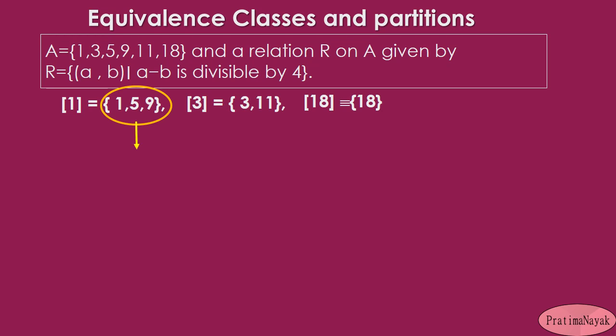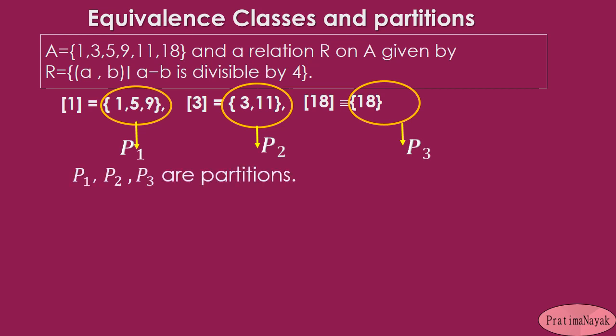We say this is partition 1, for the second it is partition 2, and for the third it is partition 3. So the set {1, 5, 9} is called partition P1, {3, 11} is called P2, and the equivalence class of 18 is called P3. P1, P2, P3 are partitions.